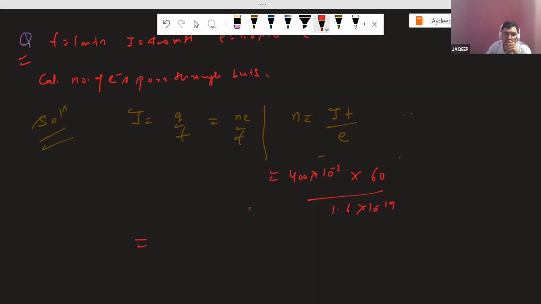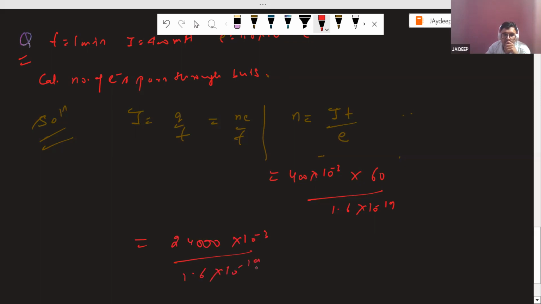So what is N? 24,000 into 10 to the minus 3 over 1.6 into 10 to the minus 19. 24 into 10 to the power... 24 over 1.6 into 10 to the 19.